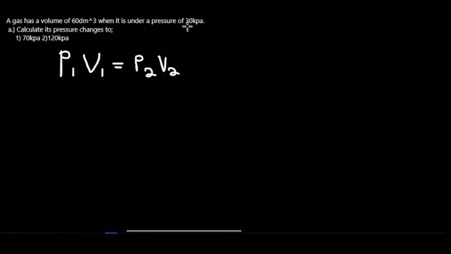The pressure that we are given is 30 kilopascals, and in pascals we simply multiply 30 by 1000 to get that in pascals.